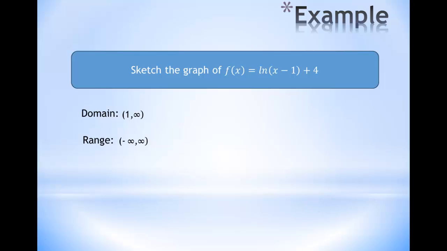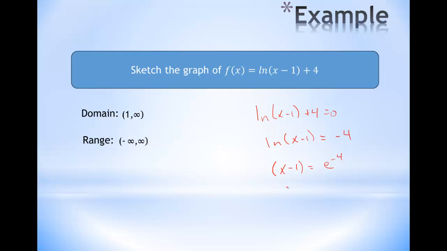If I set the function equal to 0, I get ln of x minus 1, plus 4, is equal to 0, which means that ln of x minus 1 is equal to negative 4. Now let's write this in exponential form: x minus 1 is equal to e to the negative 4th power.